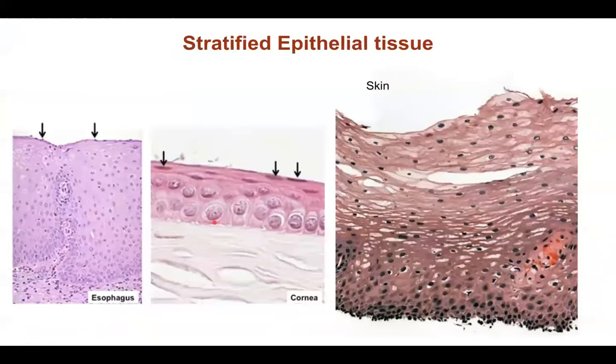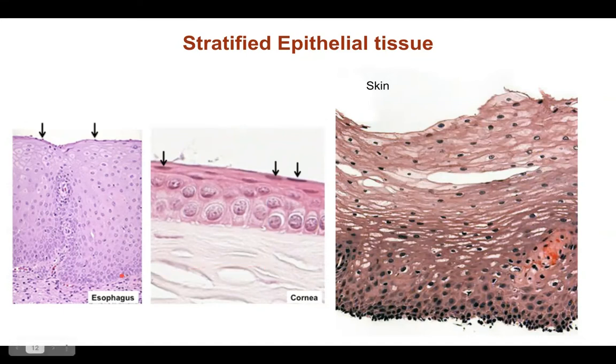So the stratified epithelial tissue is found in places like skin, where the skin has a number of layers of epithelial tissue. One layer for protection, one layer has the pigment, one layer which is shed regularly. The epithelial tissue is also found in your cornea, the part of your eye which can be given in eye donation. The cornea has multiple layers of epithelial tissue.